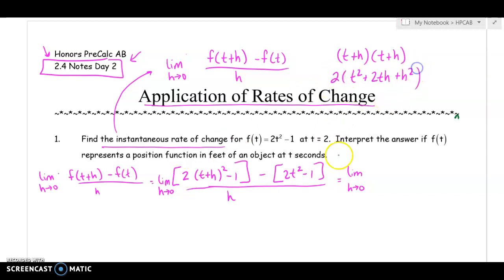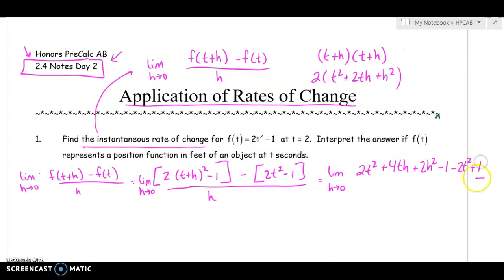I'm going to write that down here. When I distribute the 2, I get 2t squared plus 4th plus 2h squared. Then there's still that minus 1 there. And then this negative is going to get distributed to everything in the second parenthesis. So we get minus 2t squared plus 1, all over h.